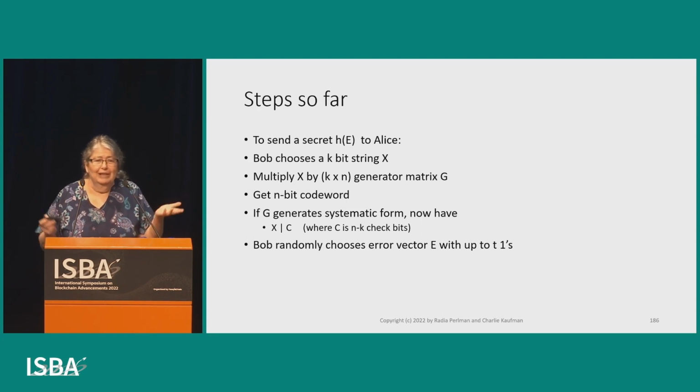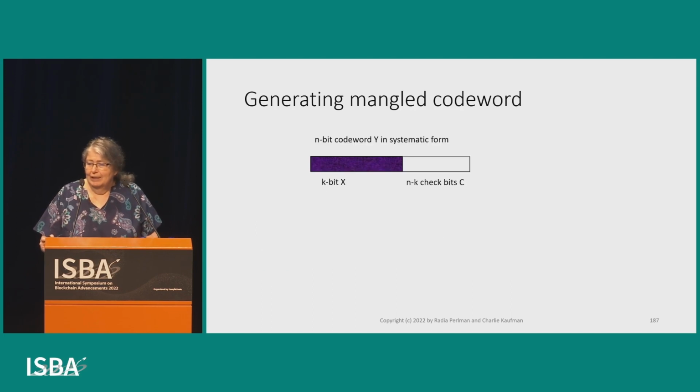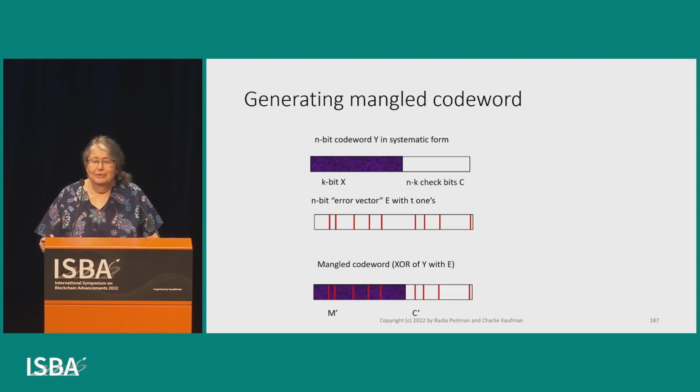The error correcting code can only correct a certain number of errors, in this case t, so he has to make sure that the error vector has at most t ones. He XORs E with the code word to get a mangled code word, and that's what he sends to Alice.